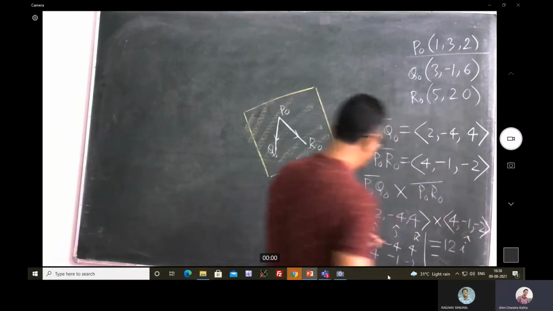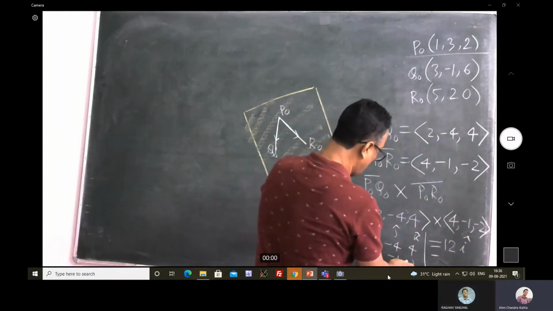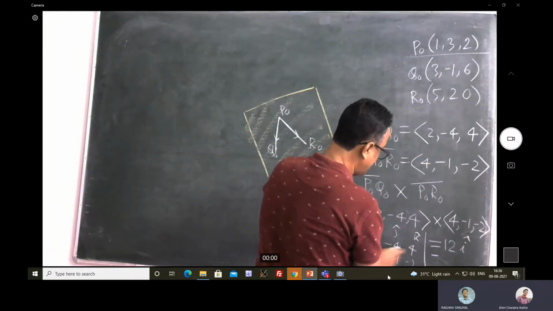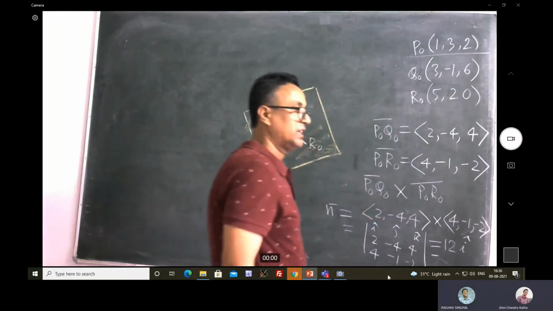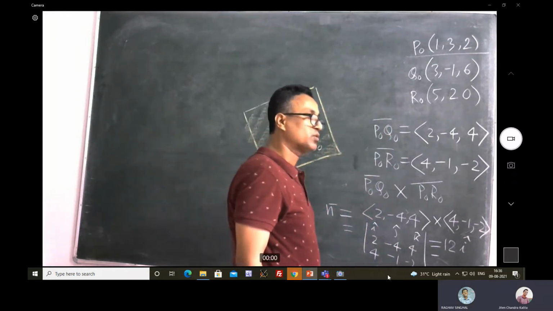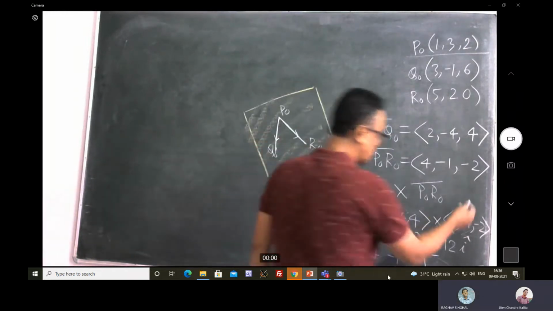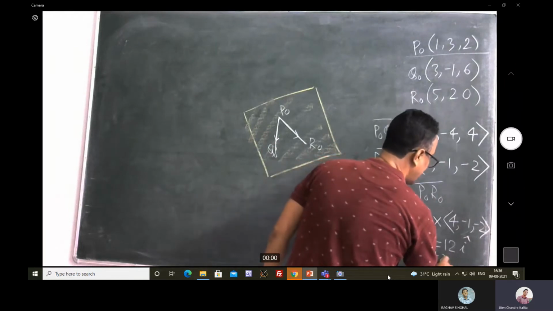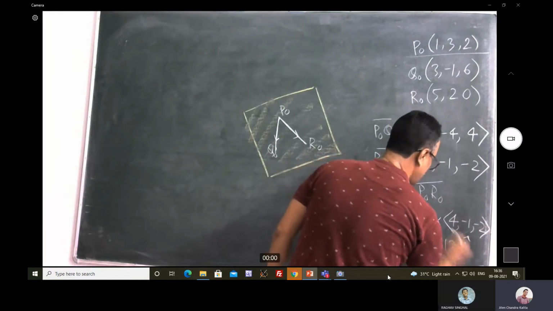Then minus, 2 into minus 2 is minus 4, minus 16, that is minus 20, so this minus and this minus make it plus 20j.